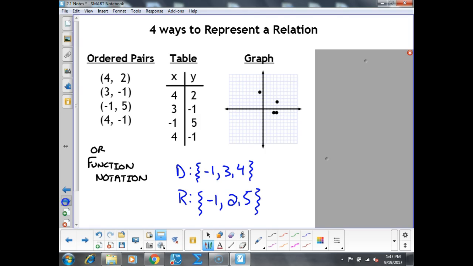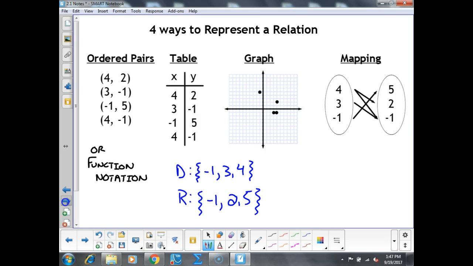The new concept today is a mapping. A mapping takes the elements from your domain and puts them on one side, and takes the elements from your range and puts them on the other side, and then you just draw arrows. So this arrow right here, the first point was (4, 2).